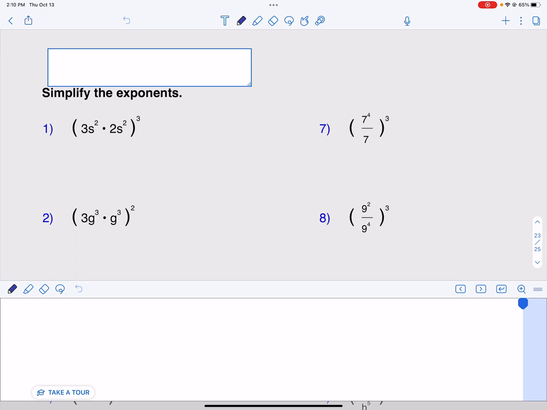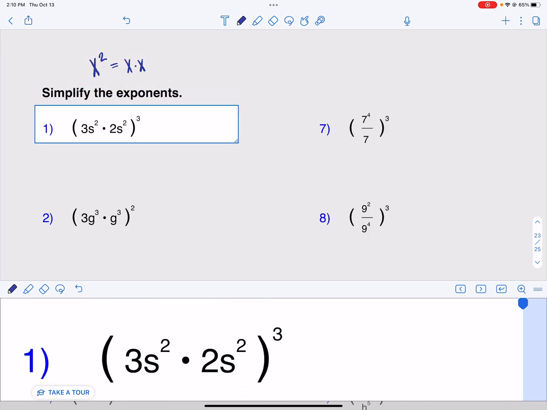It's been a little while, but we talked about how x squared meant x times x. So I'm going to use that idea to take care of this guy.